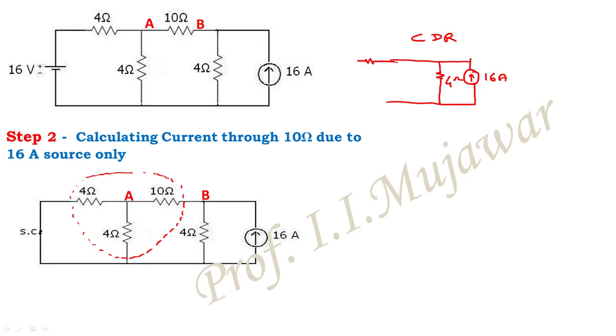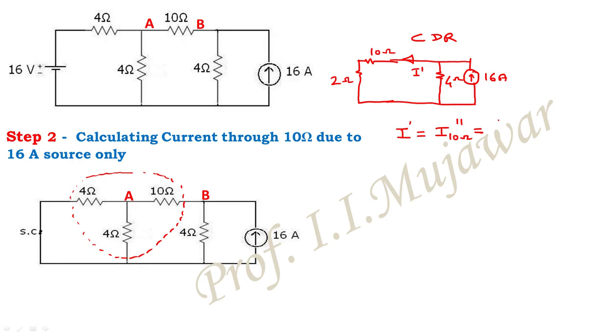Again I will have one more step. So this is 10 here, and this value is 2 ohm, and we have to calculate current through this. That means this 10 and 2 are in series, and that series combination is in parallel with 4 across 16 ampere source. So here current flowing through this branch, suppose if I write say I dash, and this I dash is essentially I10 ohm double dash, that is the current through 10 ohm due to 16 ampere source.